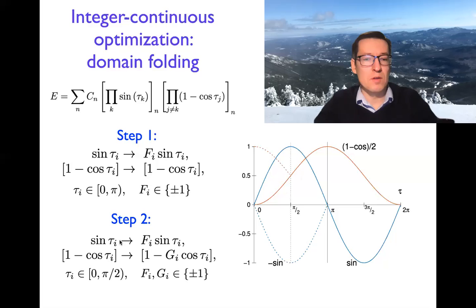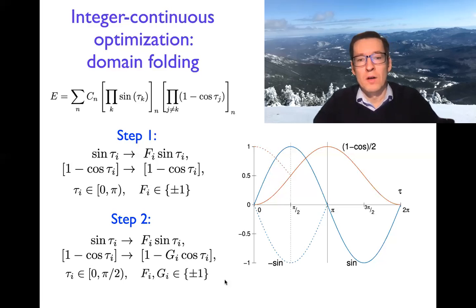That's why you can just consider the first half of our reduced domain, and you don't need to introduce anything else. But for 1 minus cosine over 2, you will need to introduce an extra variable, because there is a second branch appearing if you fold this function around the pi over 2 point.